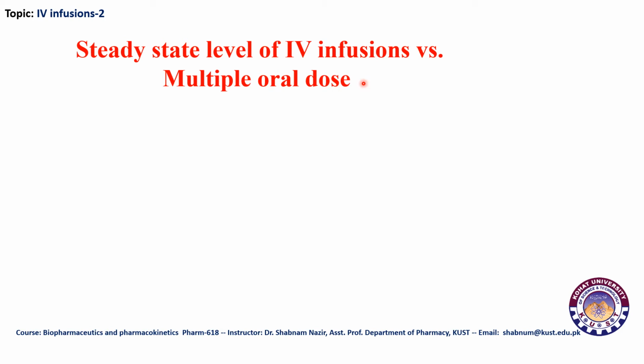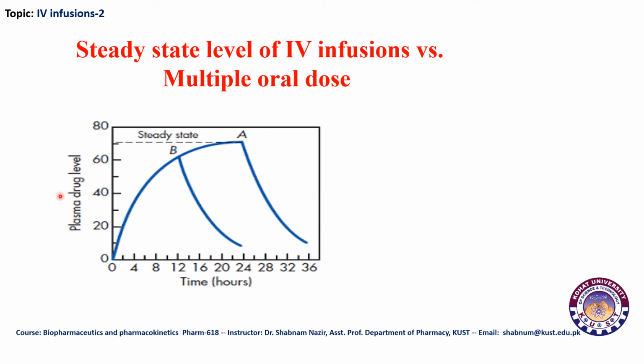At the steady state level, the average concentration is constant, but it fluctuates between the higher and lower levels, depending upon when the dose is administered and when it is near to being eliminated and the new dose is supposed to be administered. While in case of intravenous infusion, there is a consistent steady state level, there is no change in the concentration, and we can see that in this curve as well.